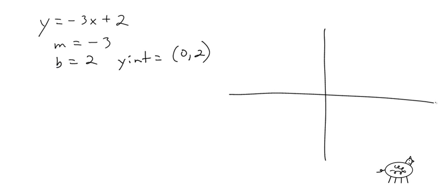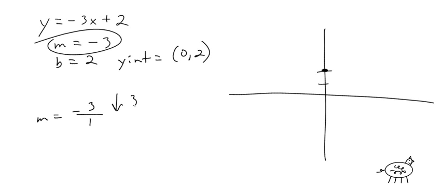That's like most of the work right there, math fans. 0, 2 is right here. Now you're like, oh, my slope is negative 3, I don't have a rise over run. Well, sure you do. Just do negative 3 over 1. So it's down 3 and to the right 1. From the y-intercept, we're going to go 1, 2, 3, and then over 1.